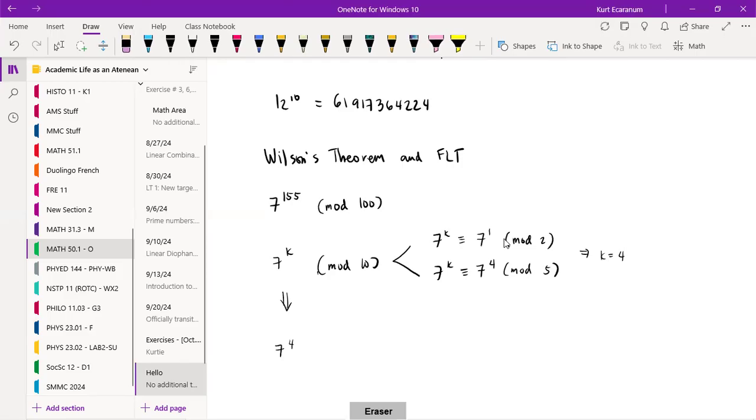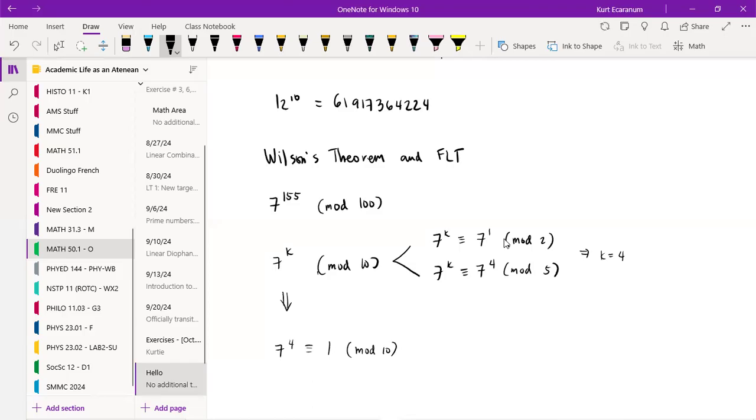Or we can say, splitting the congruence and using Fermat's little theorem, we can say that 7 to the 4 is congruent to 1 modulo 10. So, okay. Yan na. Tapos na ba tayo? Of course na. Because what we need to find is the last two digits.